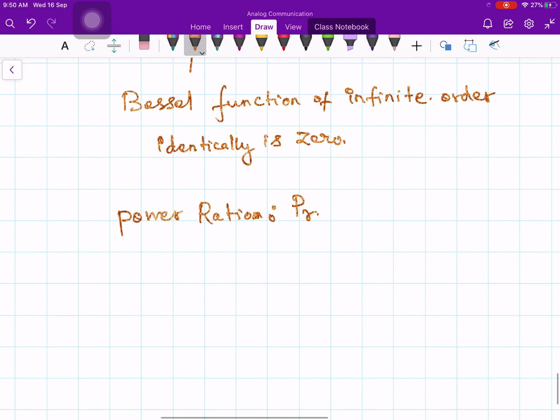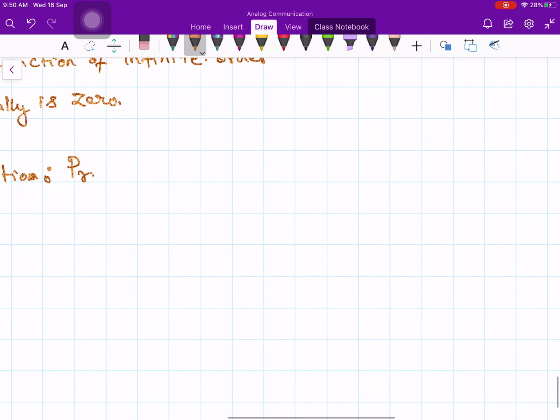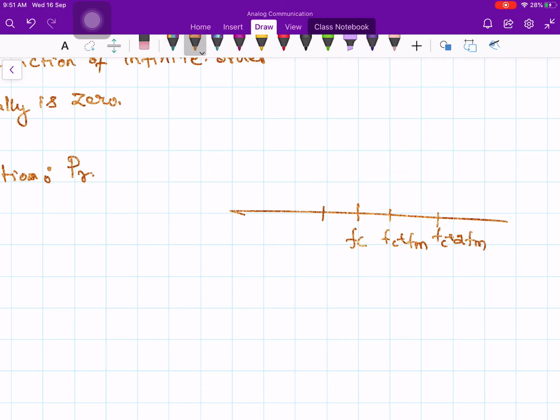Suppose I consider K sidebands on either side of Fc. That means what? Let's say this is my Fc plus Fm, Fc plus 2Fm, Fc minus Fm, Fc minus 2Fm.